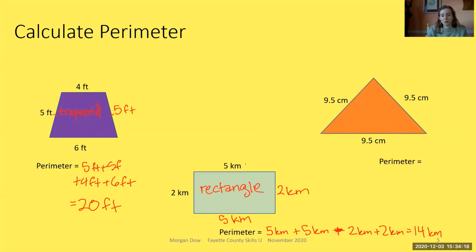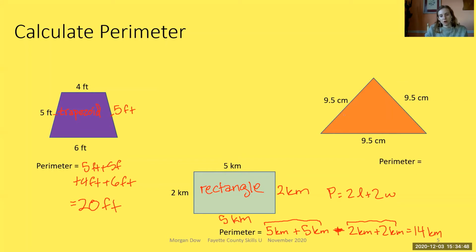The formula for perimeter of a rectangle is 2 times the length plus 2 times the width. And you can see here where that comes from, right? We're adding up 2 5s, 2 of the lengths, and 2 2s, 2 of the widths. So it's just a different way of organizing those numbers. You'll get the same answer either way, so you can use the formula or not. It's up to you.